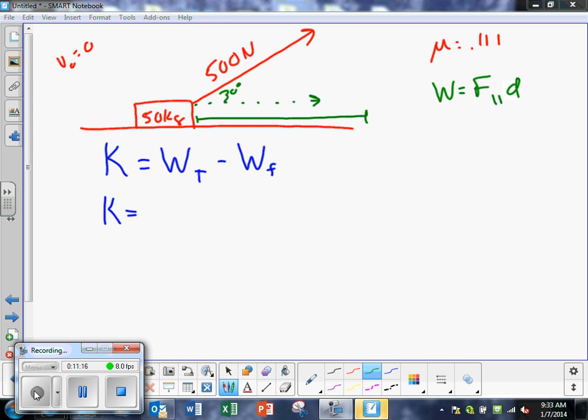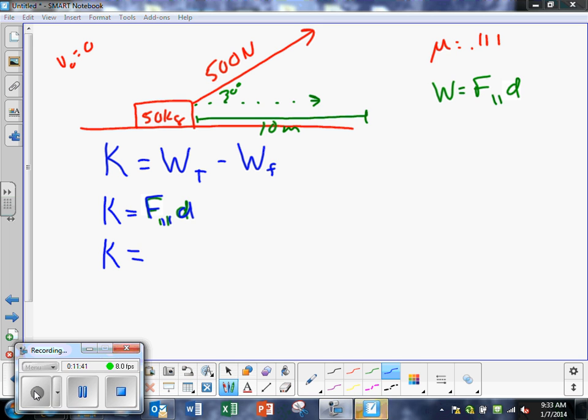But this would be the part that's parallel to the displacement. So if I'm displacing this thing, let's say 10 meters, with my force of tension, I can't use the full 500. So my force parallel to displacement is this number right here.